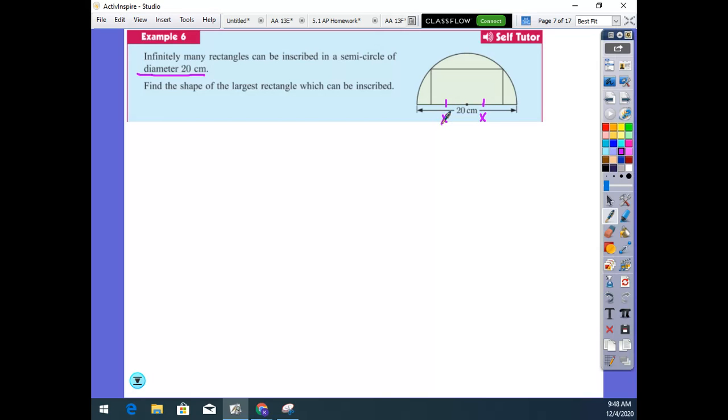So looking at this, we want to find the largest rectangle. So we want to maximize the area. So first of all, what's the area of a rectangle? It's just length times width. But the goal is definitely to have everything in terms of x. All right, so in general, what would the length be of this? The length will be 2x. Then we need to find this width. This is the trickier part.